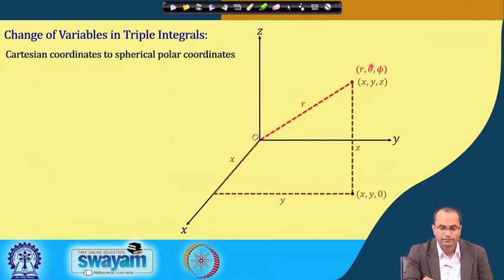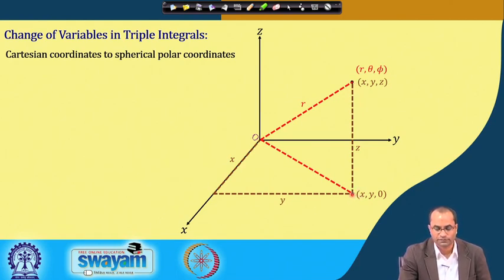Here the angle phi is measured from the x axis to the line in the x y plane going to the point (x, y, 0), which was the perpendicular foot from the point (x, y, z) to the x y plane.